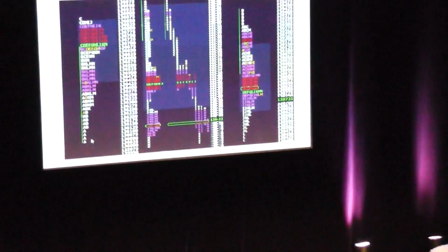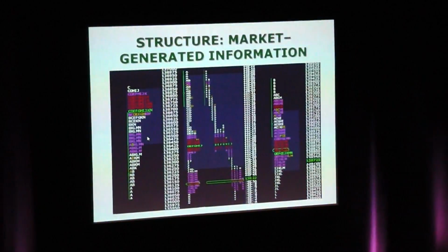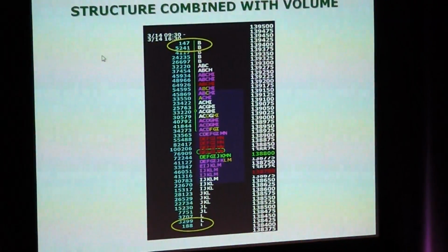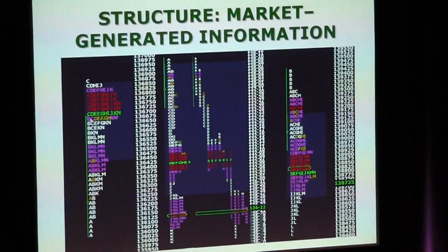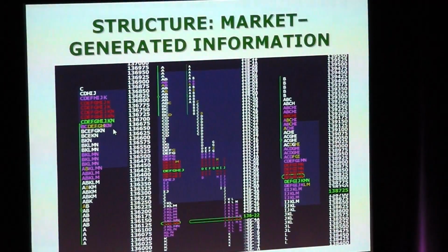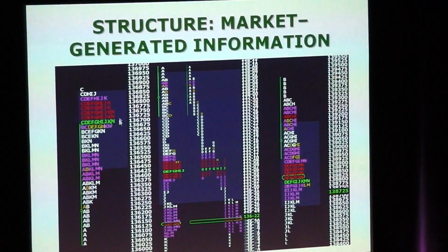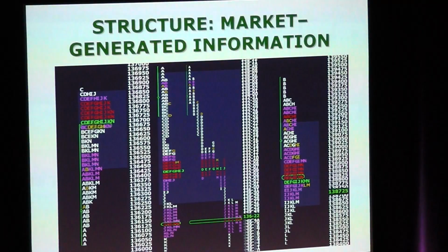I have an excess low made early in the day, but then instead of the market elongating out, you see how it kind of looks like the letter P on top. What that tells me is that I'm looking at a market that is dealing with mostly short covering, or what I call old business.